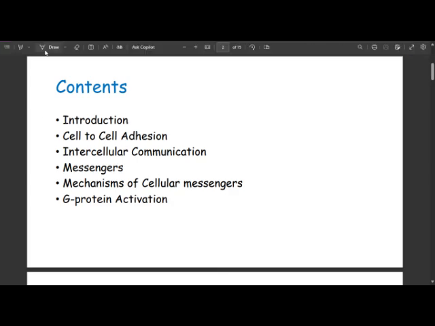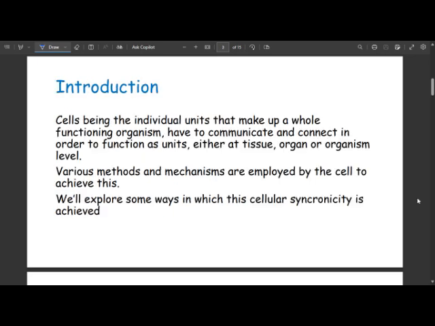Okay, and then the mechanisms which these cellular messengers use to communicate. Okay, for cell-to-cell communication, how do these messengers come into play? Then, of the mechanisms we're going to talk about, we're going to explore deeply the G-protein activation pathway for cellular messengers. So let's get right into it.